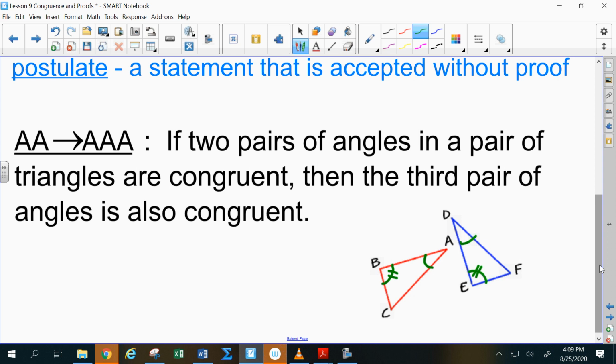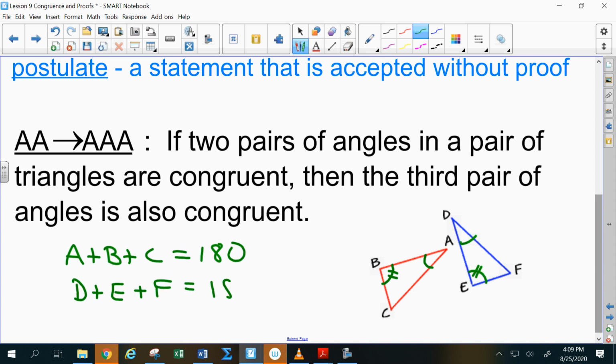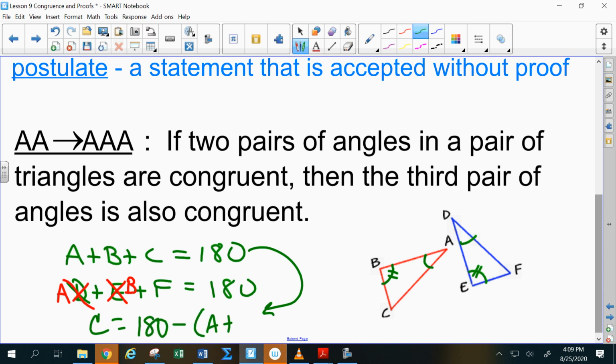The reason for that is A plus B plus C has to be 180 degrees. Also, D plus E plus F has to be 180. But if A and D are really the same, I could simply substitute an A right there. If B and E are the same, I could substitute a B right there. So what I get from my first one is that C equals 180 minus whatever A and B are together.